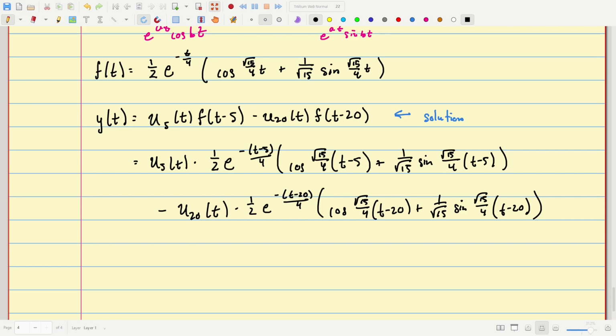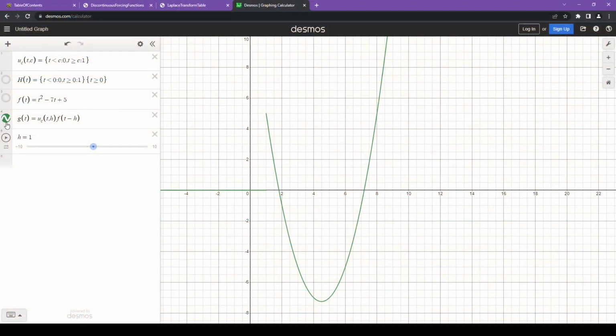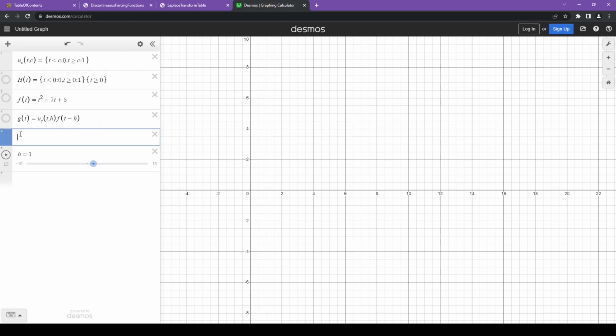So let's do this example in Desmos so that we can see what this looks like, and then we'll go from there.